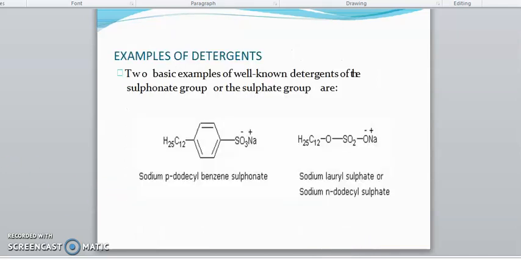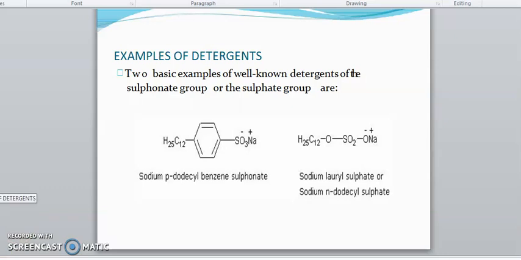We have certain examples for the detergents. One is sodium para-dodecyl benzene sulfonate, then sodium lauryl sulfate, or sodium n-dodecyl sulfate. These are certain examples of detergents.